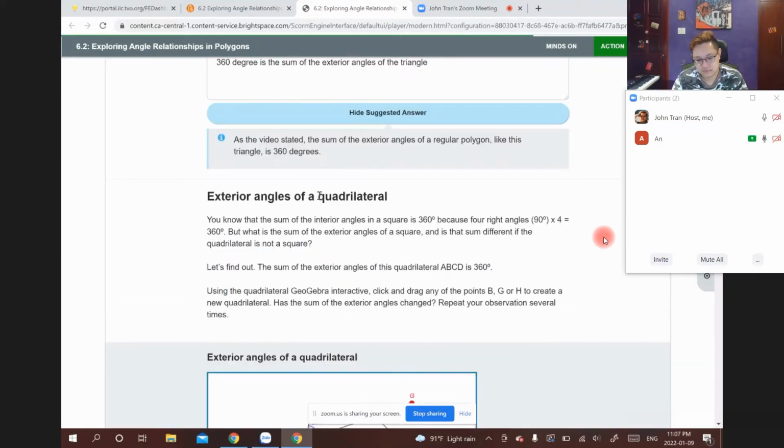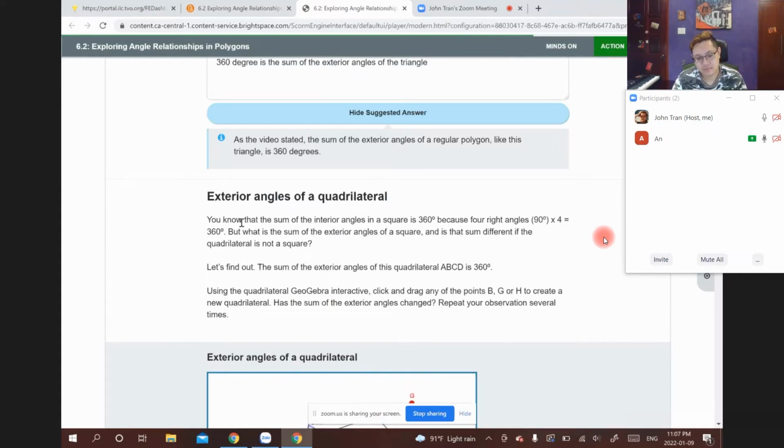Exterior angles of a quadrilateral. You know that the sum of the interior angles in a square is 360 degrees, because 4 right angles, 90 degrees times 4 equals 360.